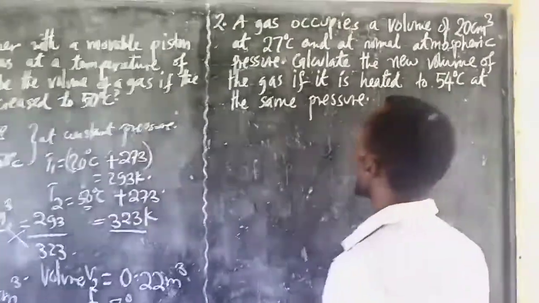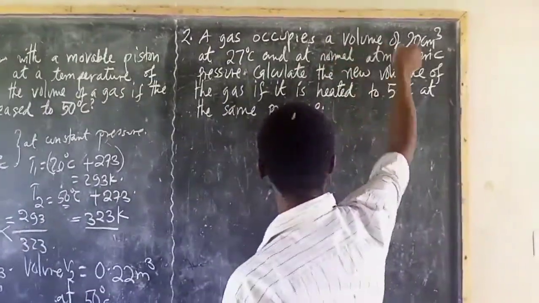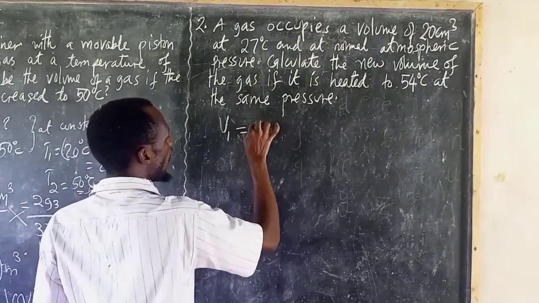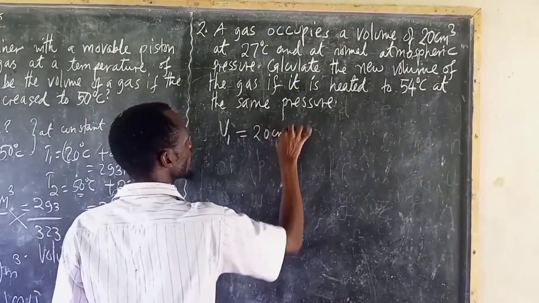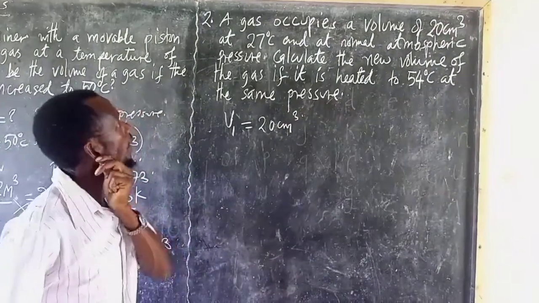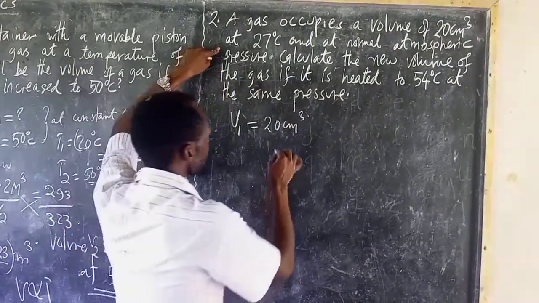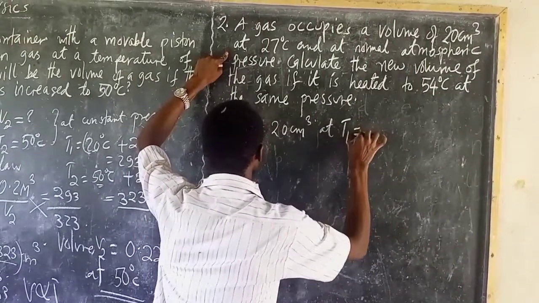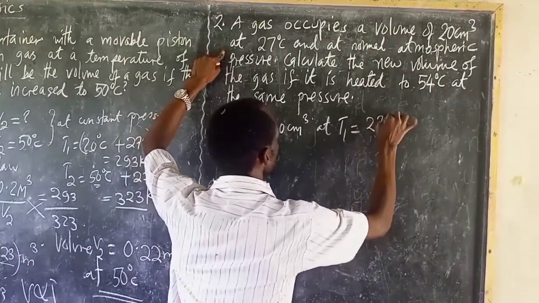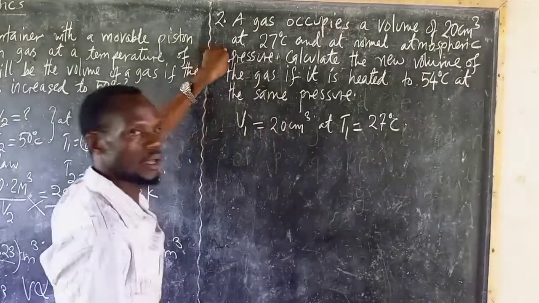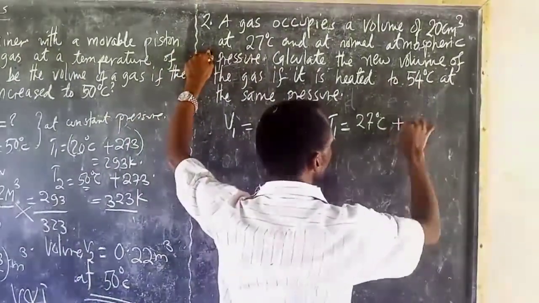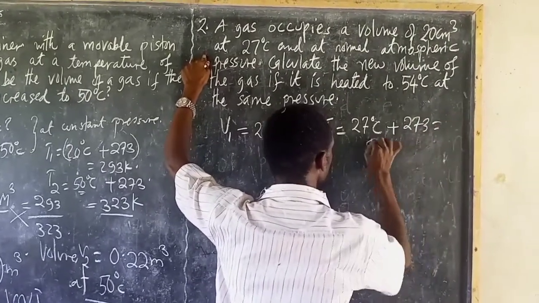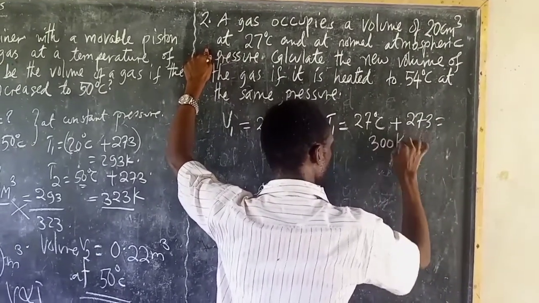Another one is here. Our gas occupies a volume V1 equal to 20 centimeter cubic. This V1 was recorded at a temperature T1 of 27 degrees Celsius, which once you convert by adding 273 is equal to 300 Kelvin.